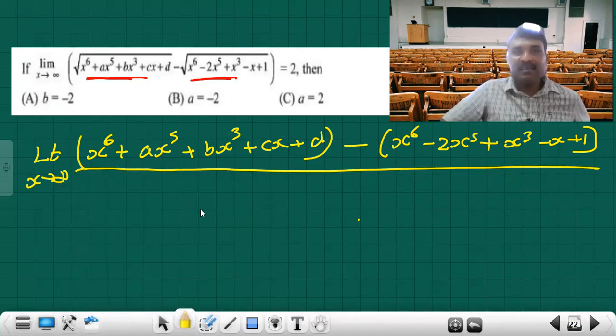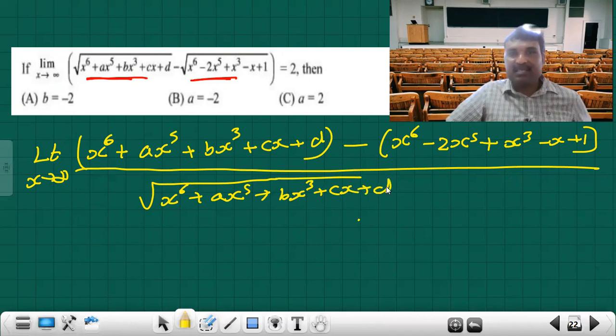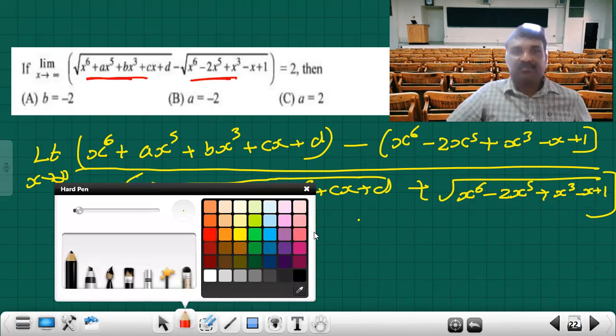We have to write the conjugate of the numerator in the denominator, that is square root of x raised to 6 plus ax raised to 5 plus bx cubed plus cx plus d, plus square root of x raised to 6 minus 2x raised to 5 plus x cubed minus x plus 1, right? Now we can simplify it.